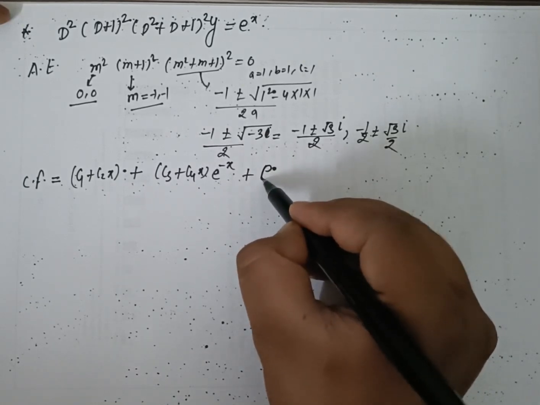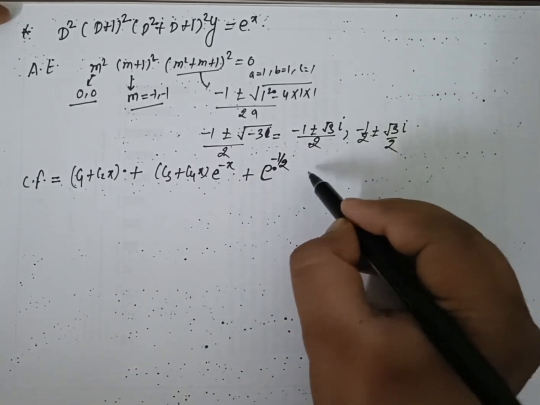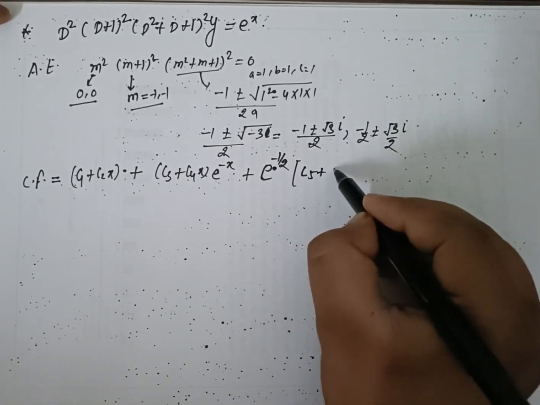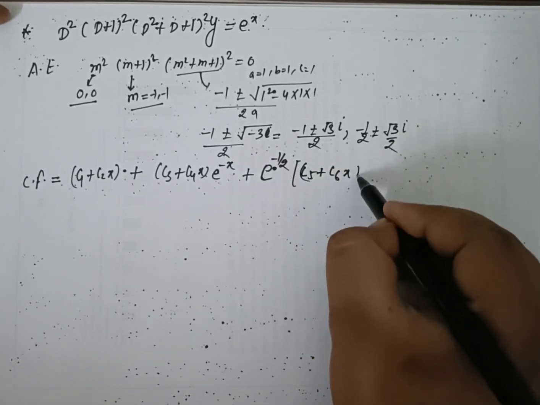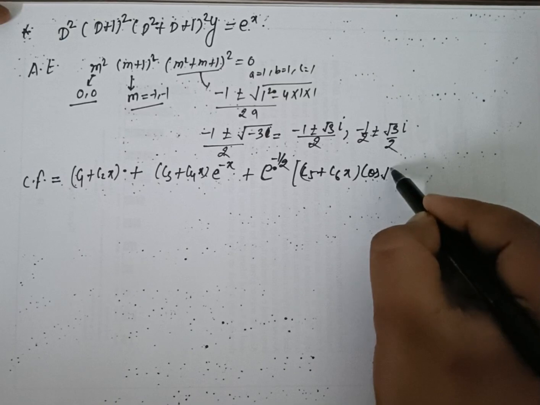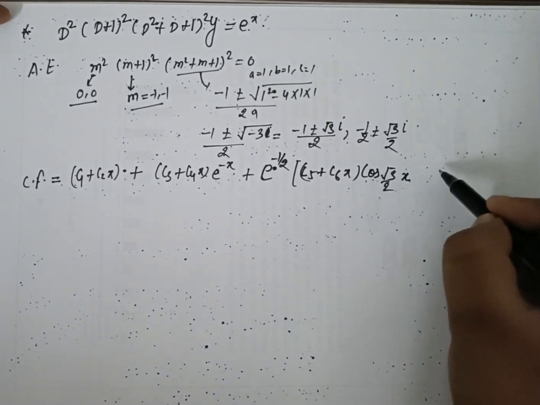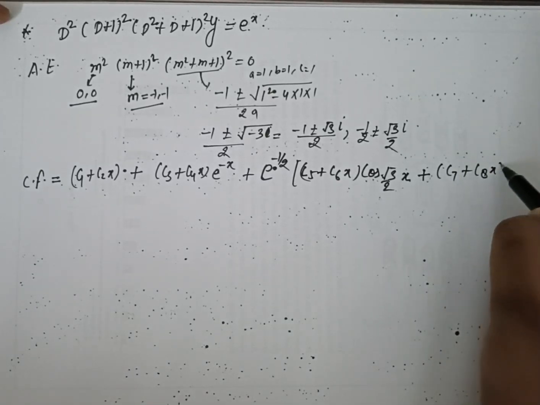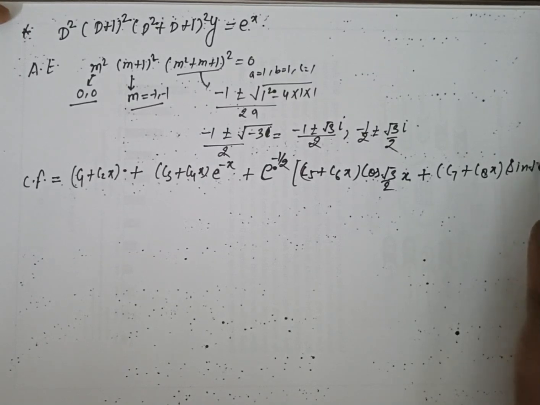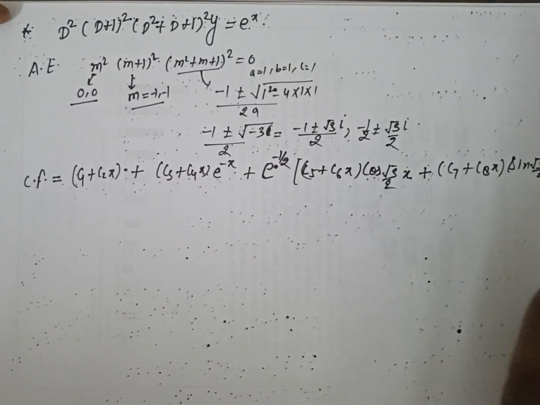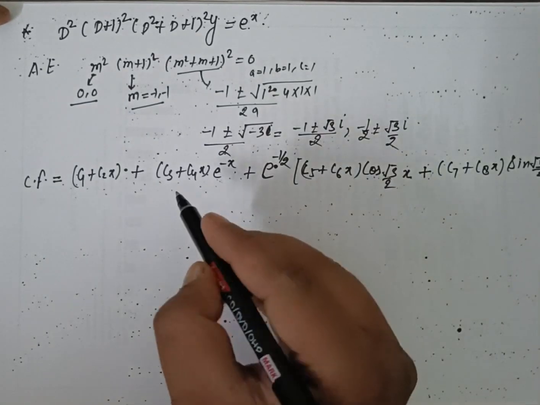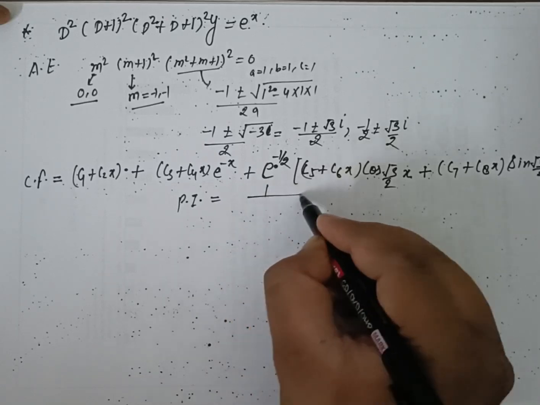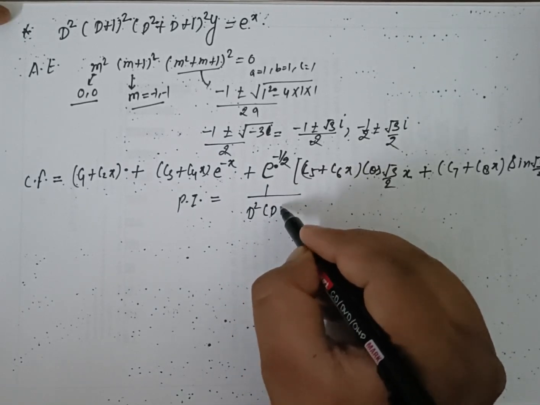So you can write it as e^(−x/2), okay, and (c5 + c6x) cos(√3/2 x), right, and then plus (c7 + c8x) sin(√3/2 x). It's your complementary function.